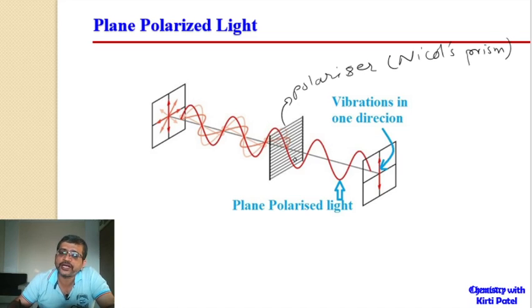When it passes through Nicol's prism, it allows only the rays of light which have their electrical field oriented in one particular direction. So we will have plane polarized light coming out of the polarizer. This is how we can obtain plane polarized light.